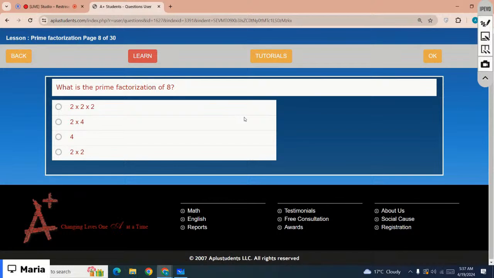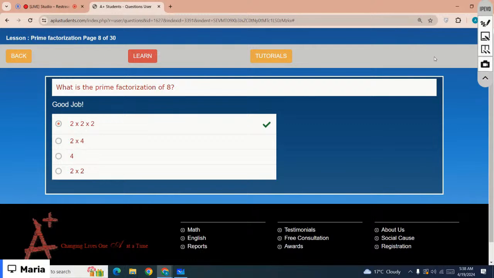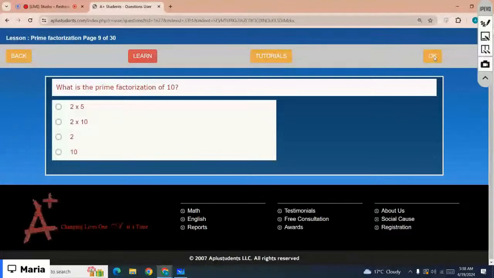That is option number 1. What is the prime factorization of 10, which is the correct option?